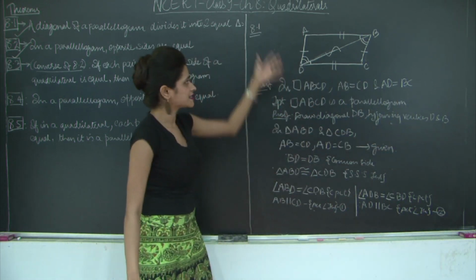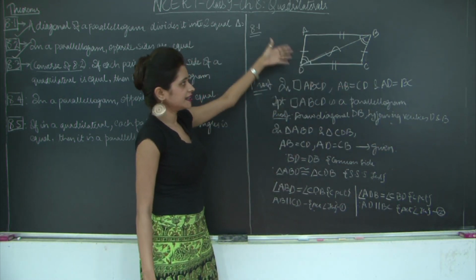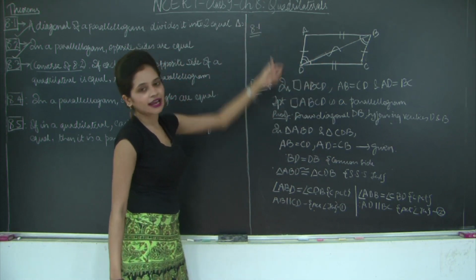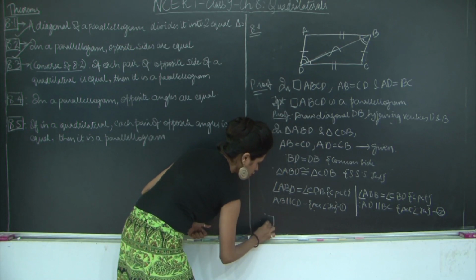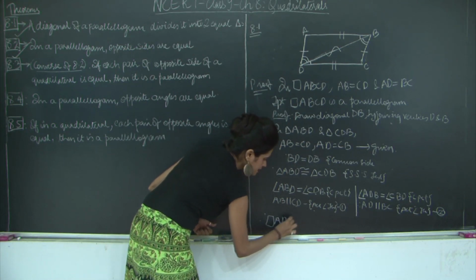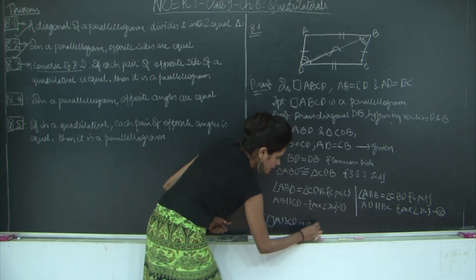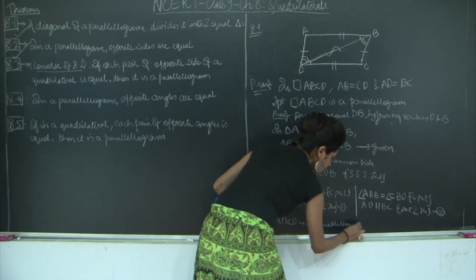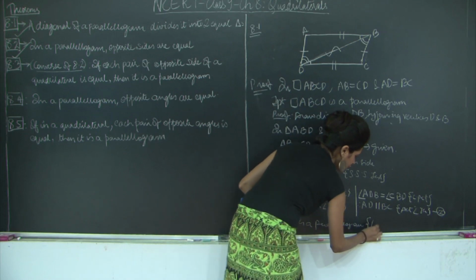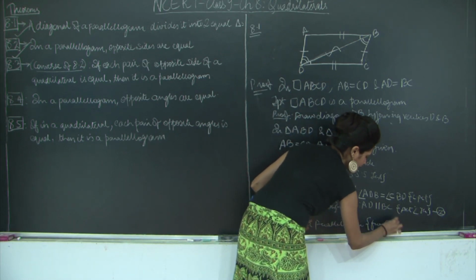From 1 and 2, since AB is parallel to DC and AD is parallel to BC, we have quadrilateral ABCD as a parallelogram. So therefore, quadrilateral ABCD is a parallelogram. And I'll say from 1 and 2.